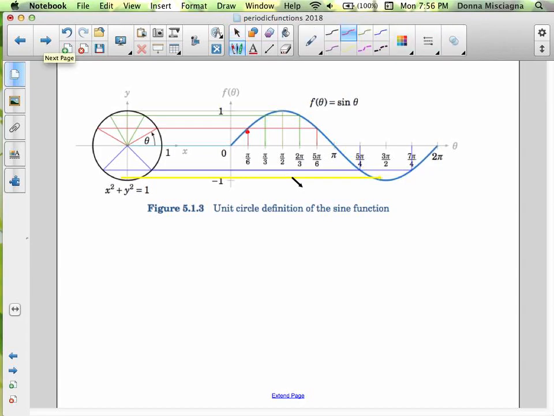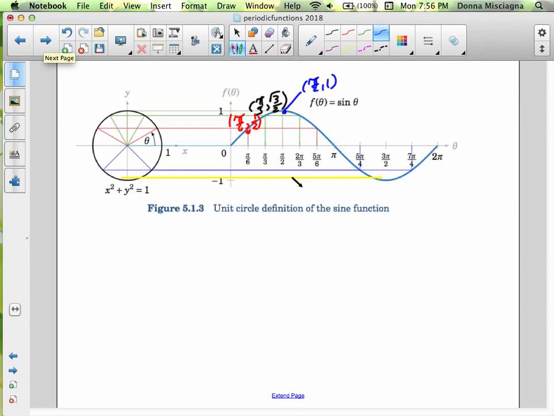All right, so pi 6 here, that's going to be the point pi 6, and that is 1/2. Over here at pi thirds would be the point pi thirds, square root of 3 over 2. At pi halves is the point pi halves, 1.